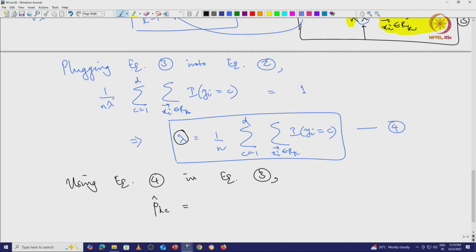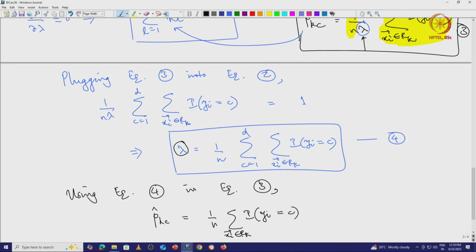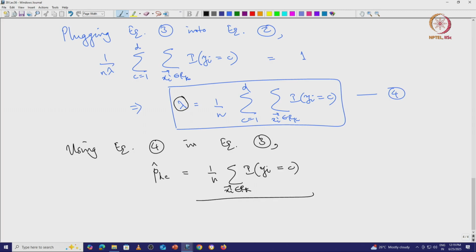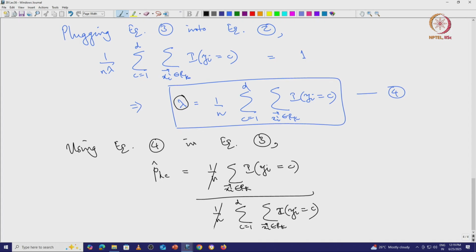So, that is 1 over n sum of xi belongs to Rk, the indicator function of yi equals C. Okay. And then we have to divide by lambda, right, and lambda is what we have here. So, that is 1 over n sum C going from 1 to d sum xi belongs to Rk of the indicator function of yi equals C, and these 1 over n's cancel.